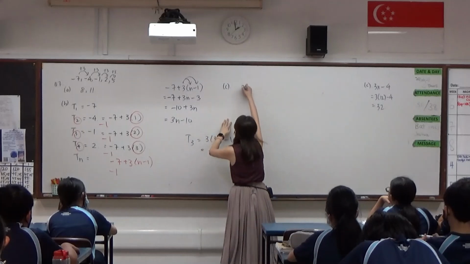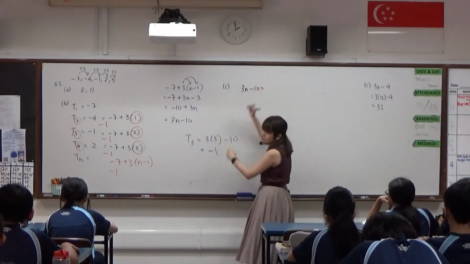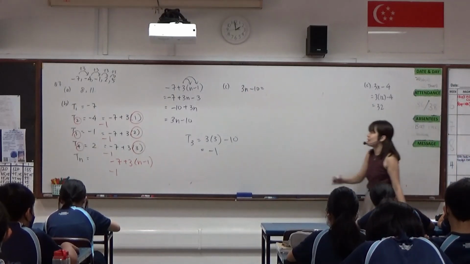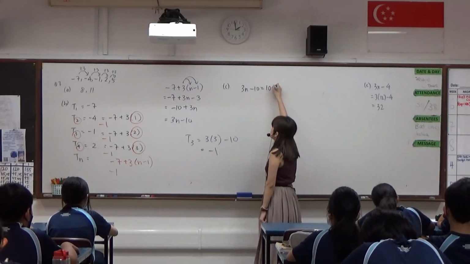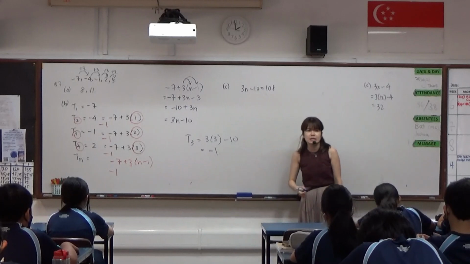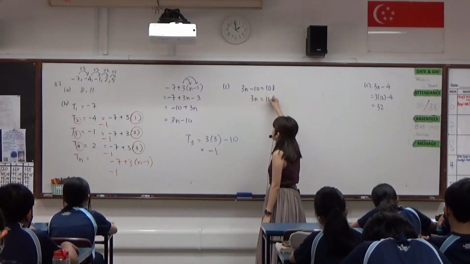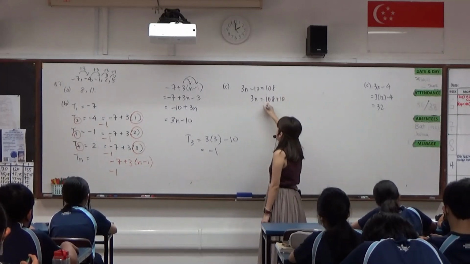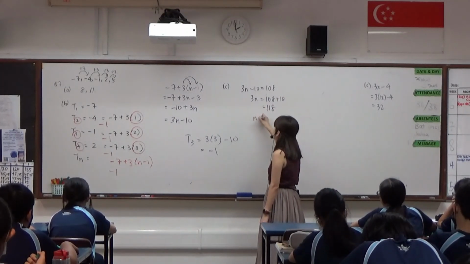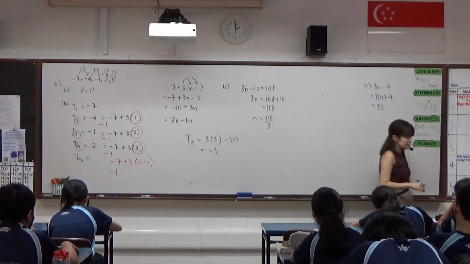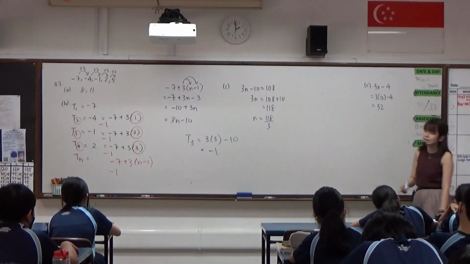Now we are trying to check whether 108 is part of it or not. So let's assume that it is part of it, so it must be equal. Then we try to solve it, find the value of n, and we get 118 here. And then we get 118 divided by 3 and we will have 39 and 1/3.